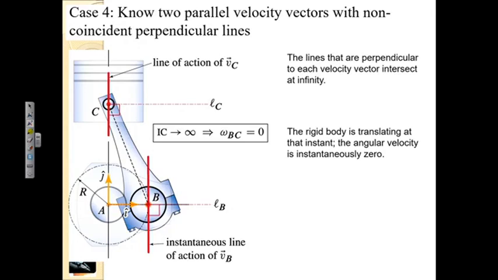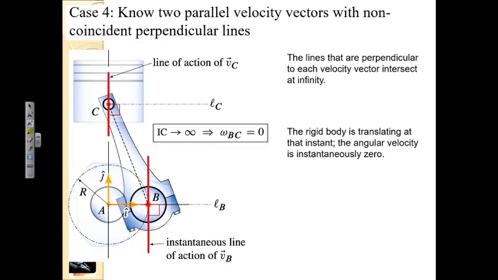All right, the last one, the useful one. So here I've got A is parallel to B, and we have non-coincident perpendicular lines.